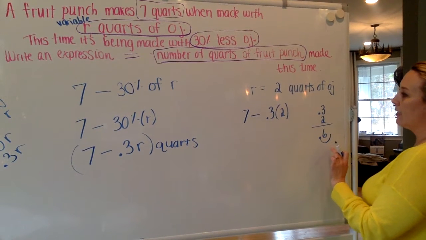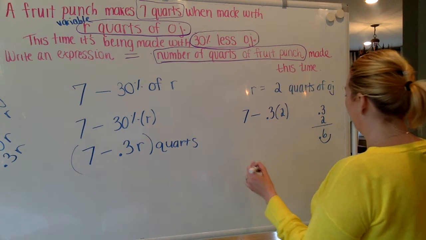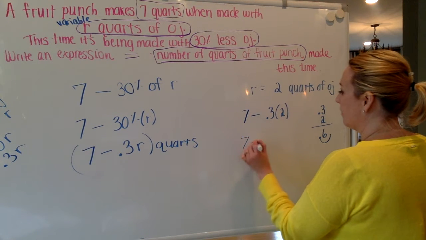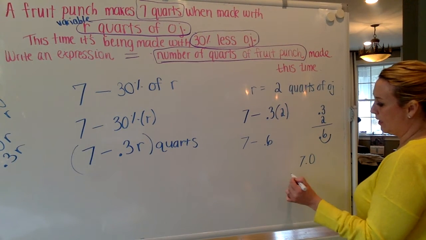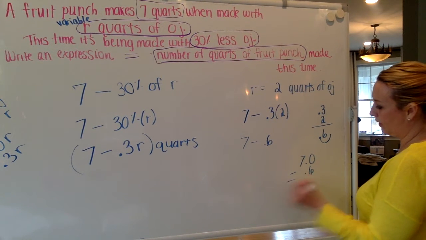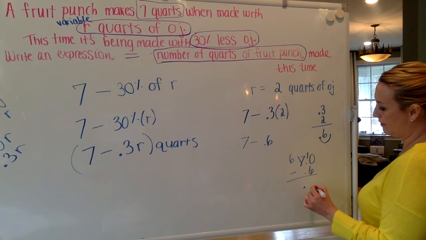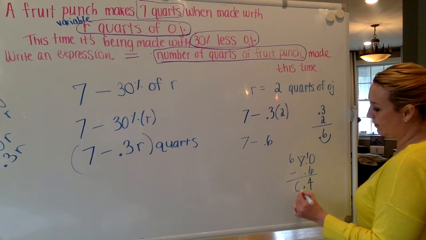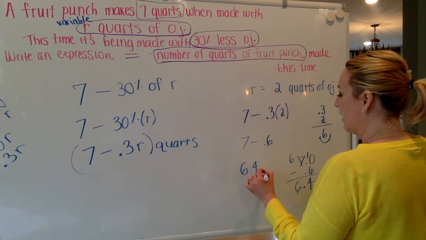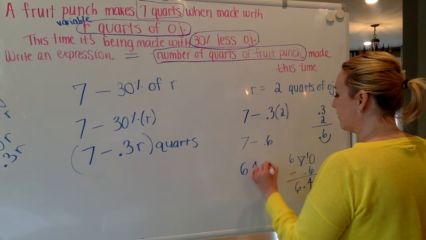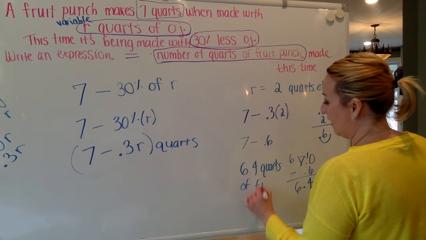So 0.6 is how much it's reduced by the 30%. So 7 minus 0.6. I borrow from my 7, bring over a 10, 10 minus 6 is 4, 6 minus 0 is 6. That would mean that this time around, there were 6.4 quarts of fruit punch. And that makes sense, right?